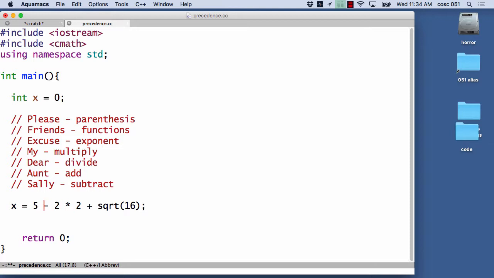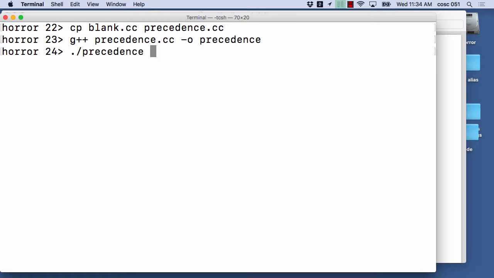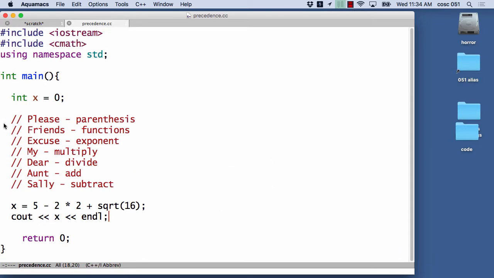This whole thing turns into 5 minus 4 plus 4. Then we do addition and subtraction, and we're done. If we run this, we should get what? Let's make sure we get that. We get 5. Okay? That is the order of operations.